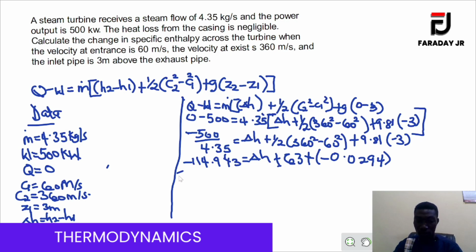So I'm going to have minus 114.943, which is equal to change in H plus 63. Now this is going to be negative, so 63 minus 0.0294, and we're going to have plus 62.971.